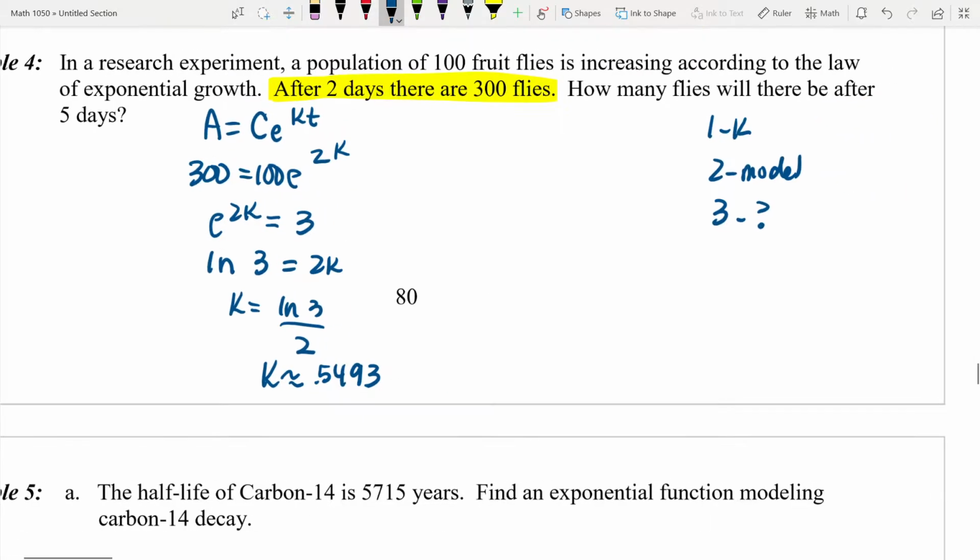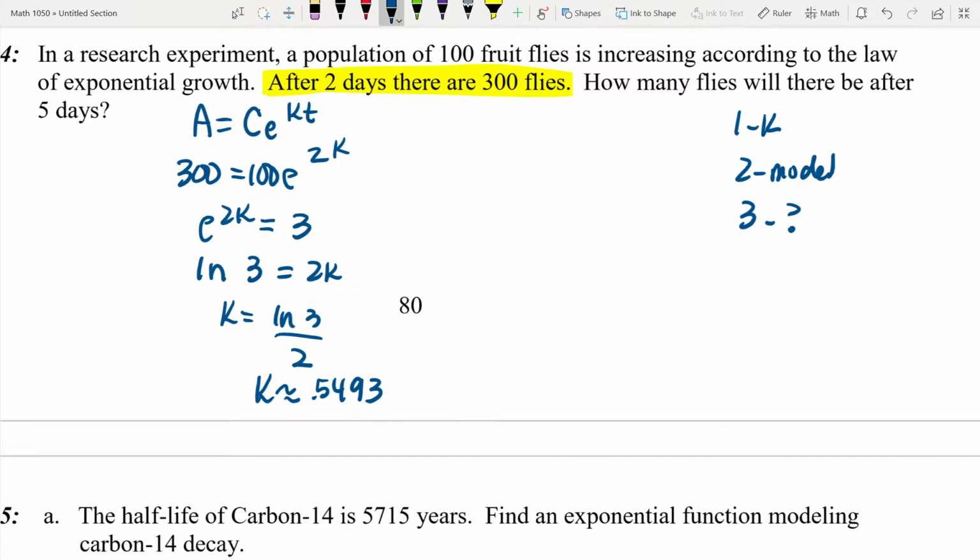Okay. The next step is to find the model. Guys, look. Here is what it's got to look like. All I'm going to do is put a number in for C and a number in for K. So I have my new amount is 100 e to the 0.5493 t. Now I'm back to when we started this lesson.